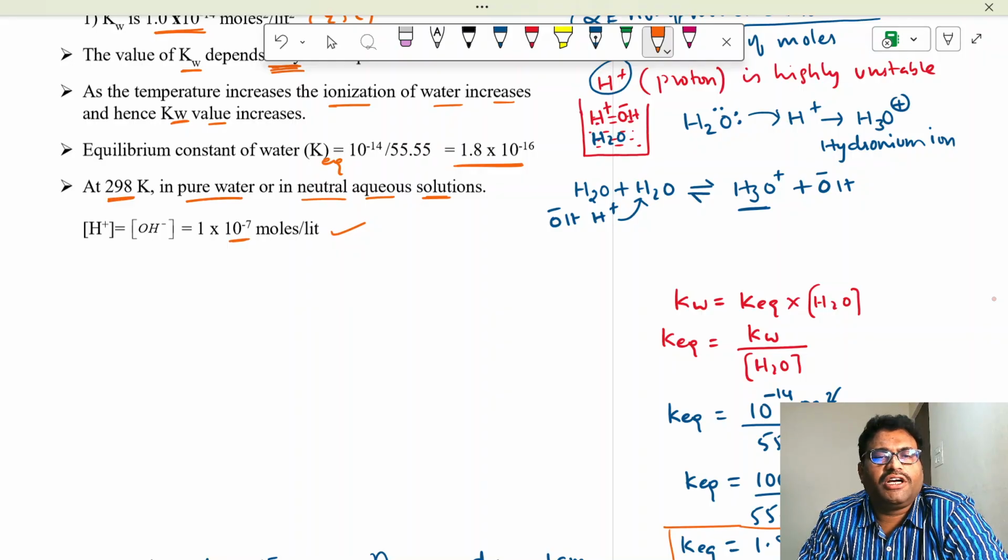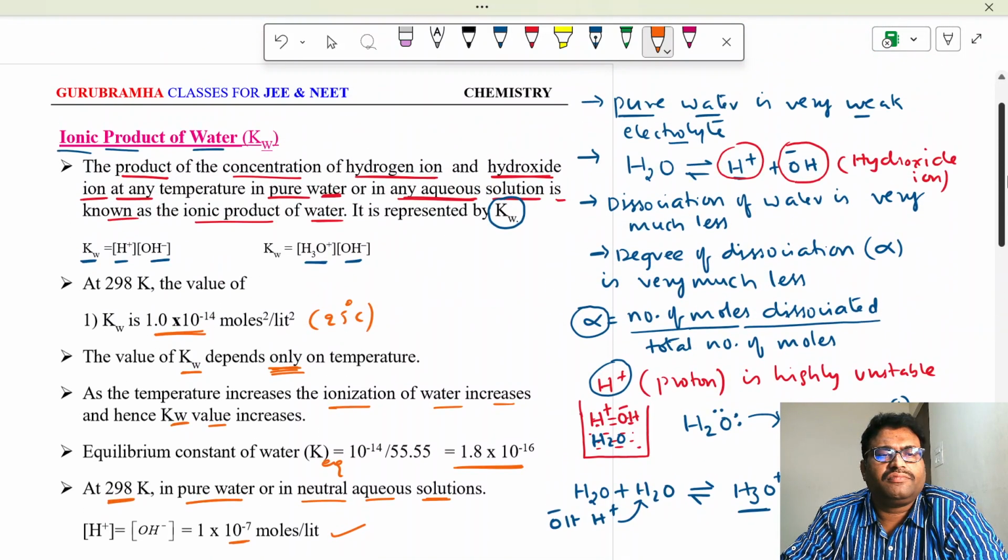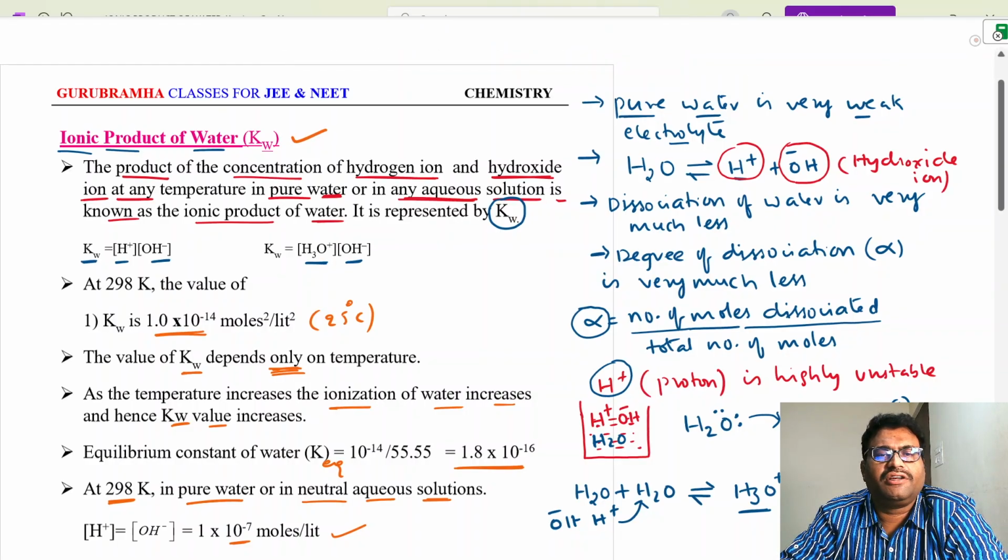So that is about the ionic product of water.